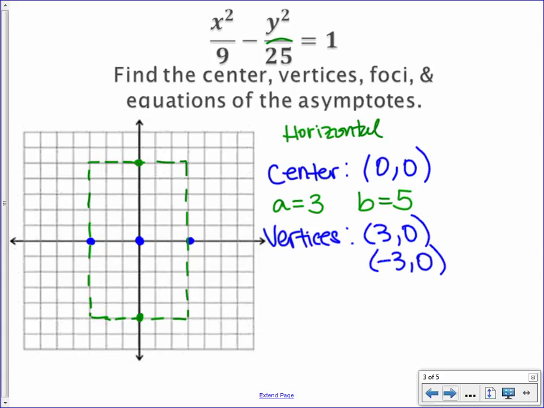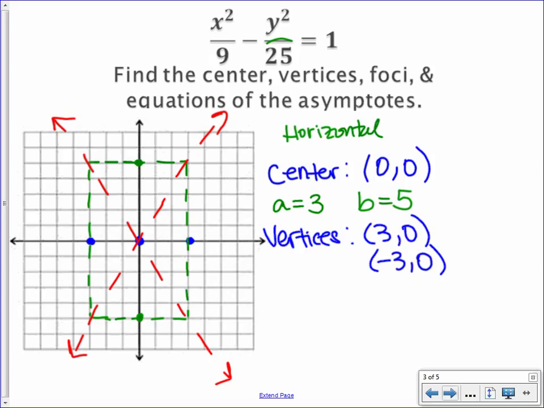Then, with every single hyperbola, our asymptotes are going to go through the diagonals, which happens to also go through the center. So I'm going to draw a line through this diagonal, and then draw a line through this diagonal.